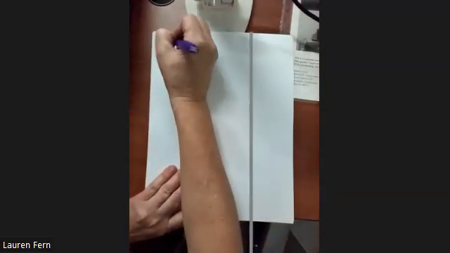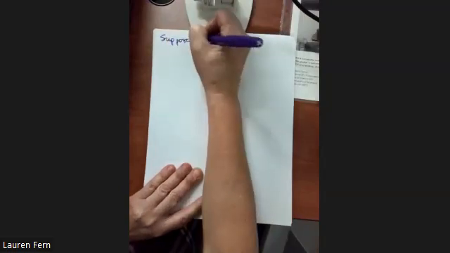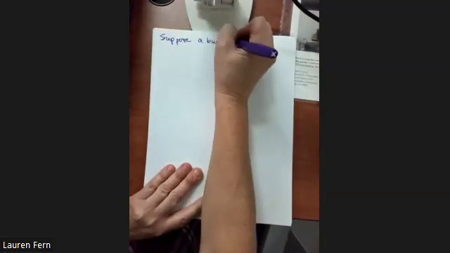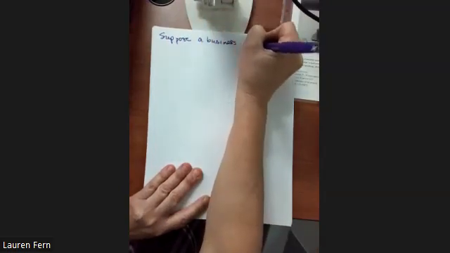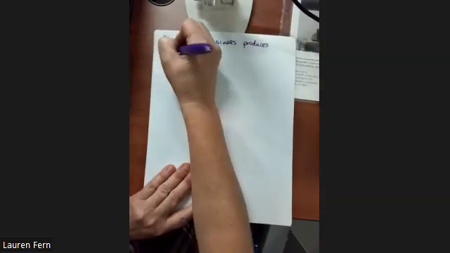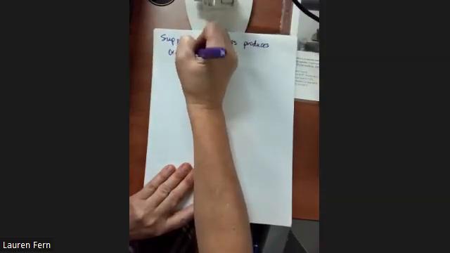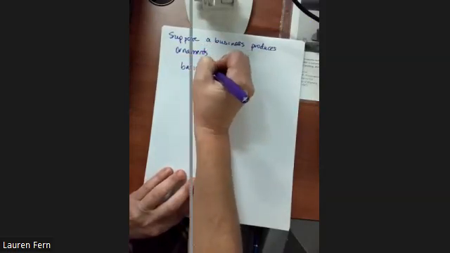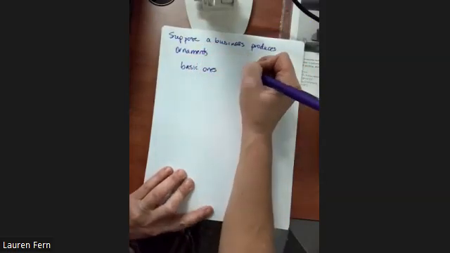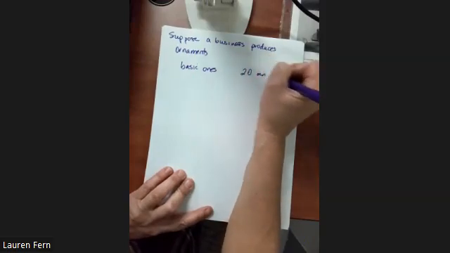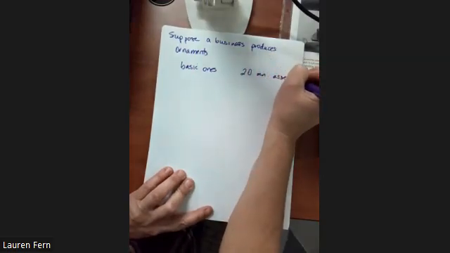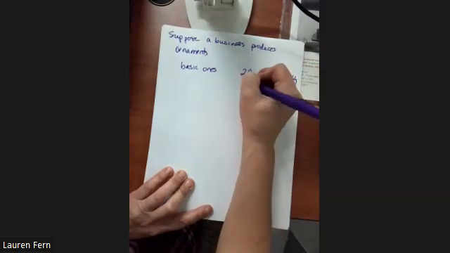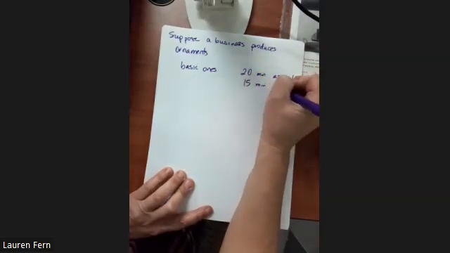So suppose a business produces ornaments. Suppose they make basic ones, whatever the heck that means, that take 20 minutes in the assembly department and 15 minutes in the painting department.